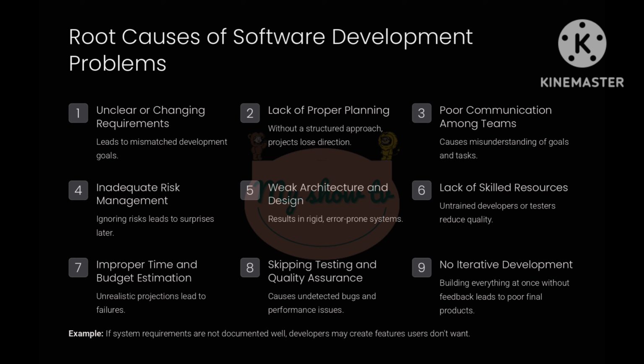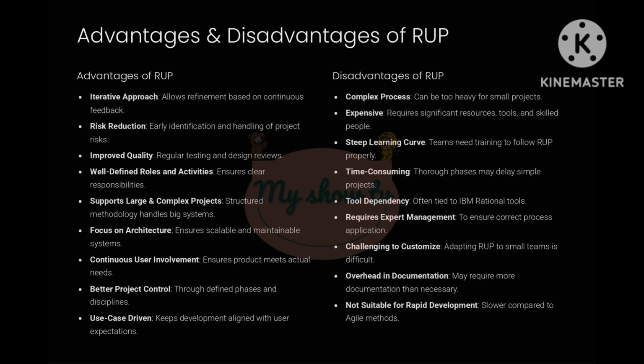Skipping testing leads to buggy and unreliable software. 9. Not following iterations. Trying to build everything in one go without feedback leads to poor results. Example: if developers are not aware of potential technology limitations in early phases, it can cause major problems during coding or deployment. Slide 6. Advantages and disadvantages of RUP.